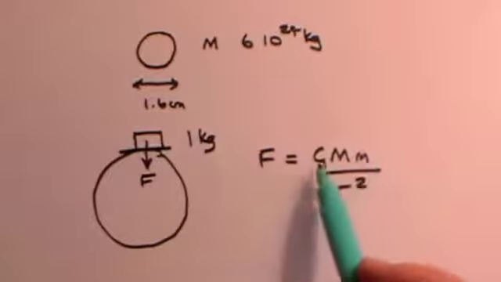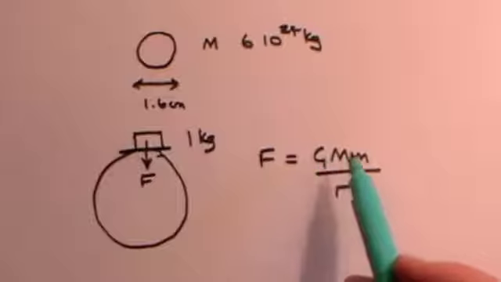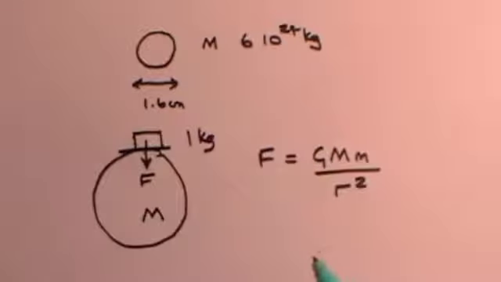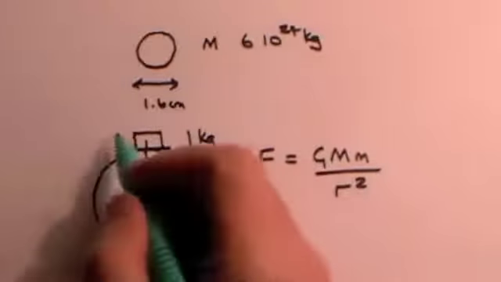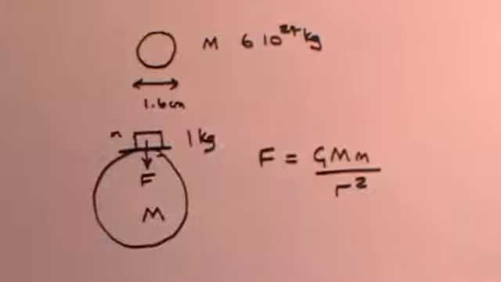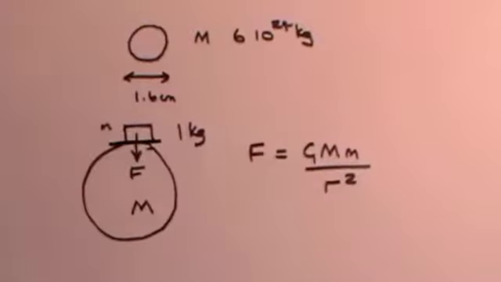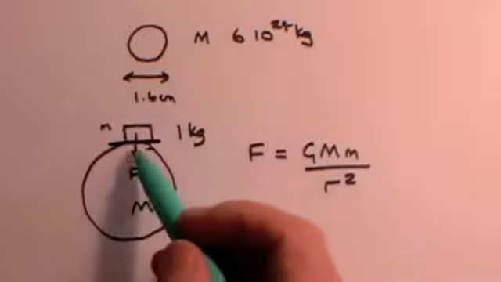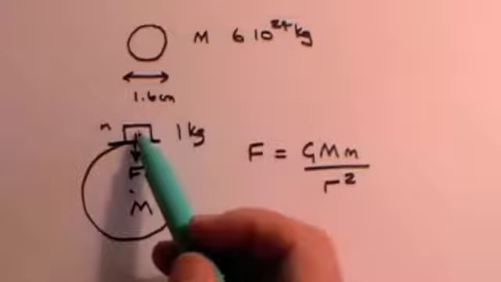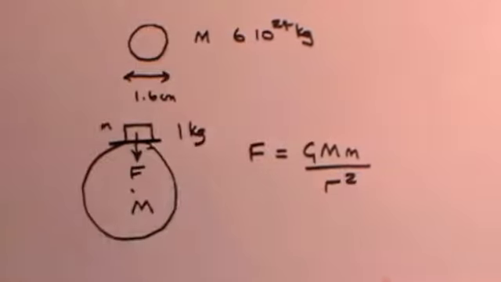And in this case, G, of course, is the gravitational constant. We know that. M is the mass of the Earth. That's capital M. Little m is my 1 kilogram weight. And r is the radius of the Earth. It's the distance from the mass to the centre of the Earth.